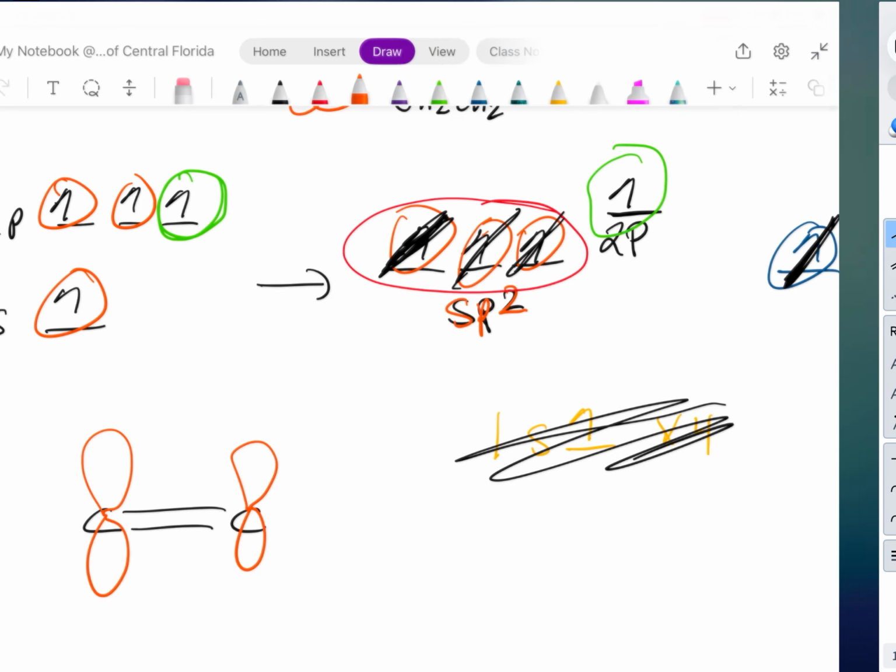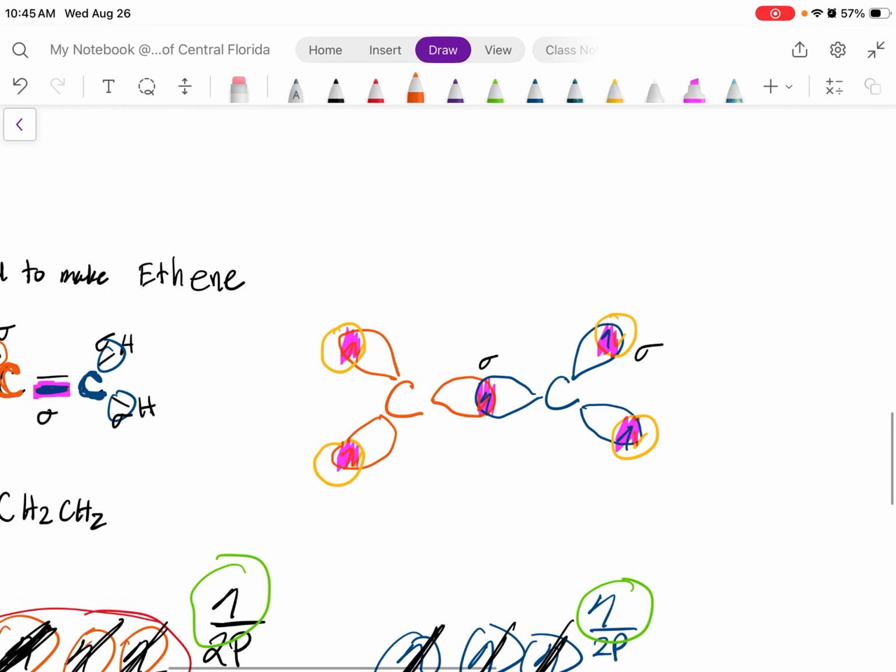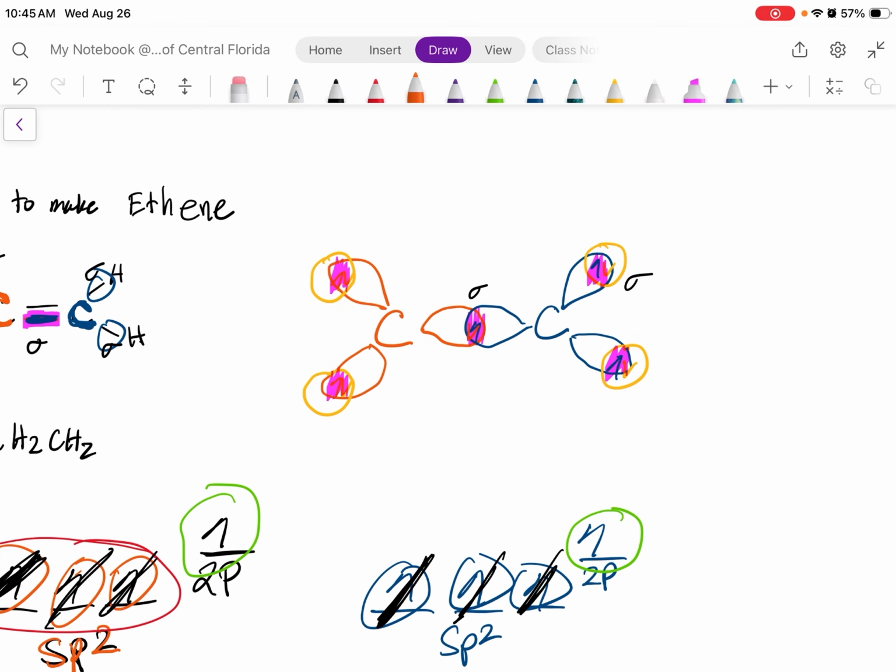But when we come back to this structure right here, the p orbitals that I want to draw in green now are going to be perpendicular to those sp2 hybridized orbitals. And so what is that going to look like?